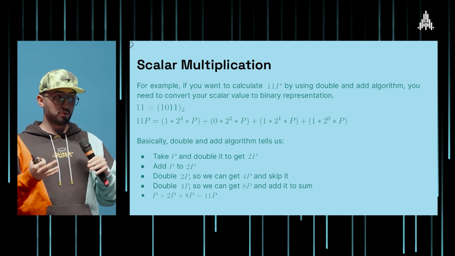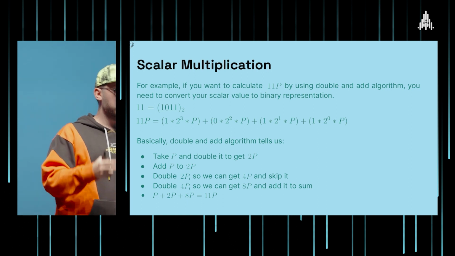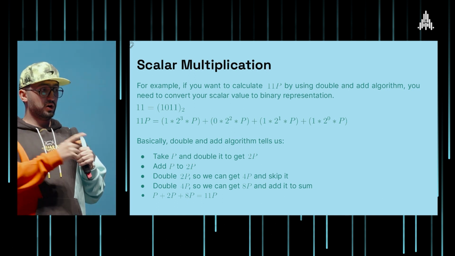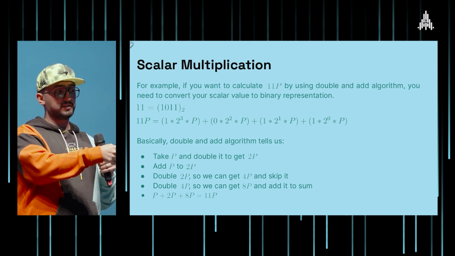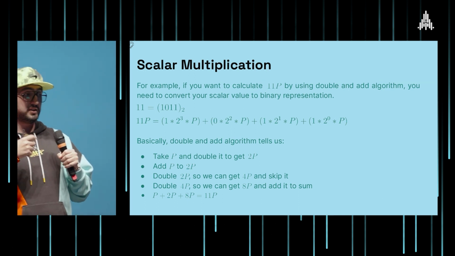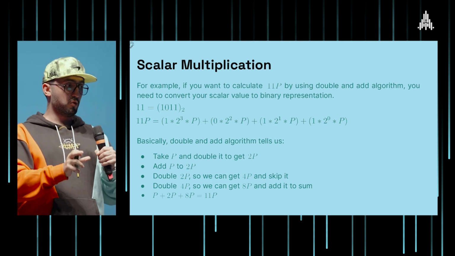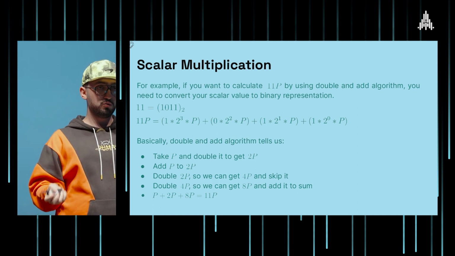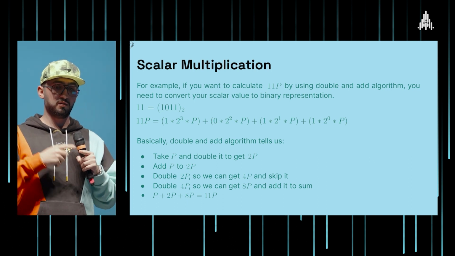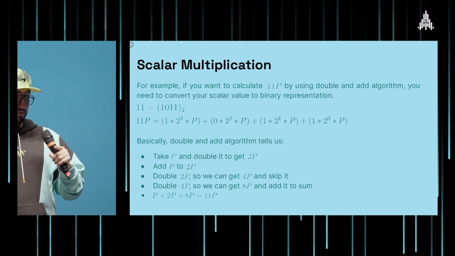I showed you the double operation, so we will do this double operation and get 2P. In 11, you can see on the right corner we have 1. This means it's true, and we can add this to the main sum. So we are adding to 0, and sorry, we are adding to P.